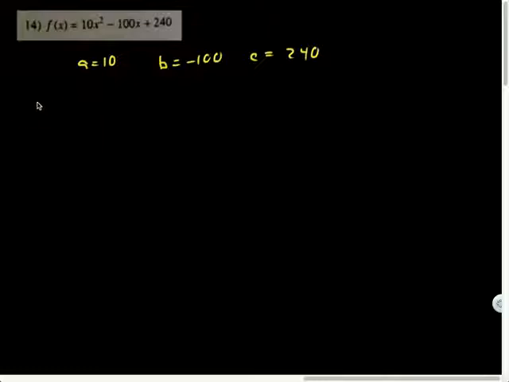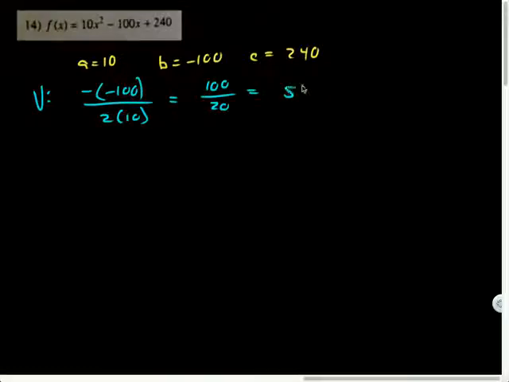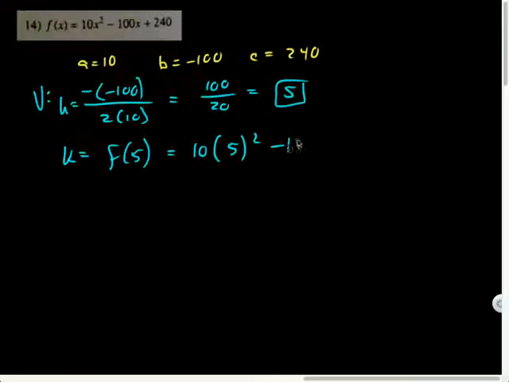So let's see. The vertex is going to be the negative of -100 over 2 times 10. So that's 100 over 20. So that's 5. That's h, by the way, that I just found. K, the y-coordinate of the vertex, can be found by doing f of 5. This is going to be larger. 10 times 5 squared minus 100 times 5 plus 240.